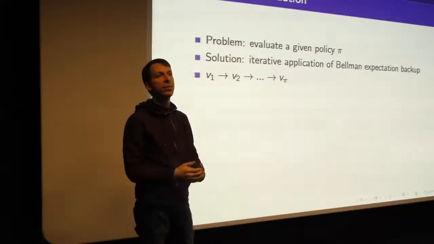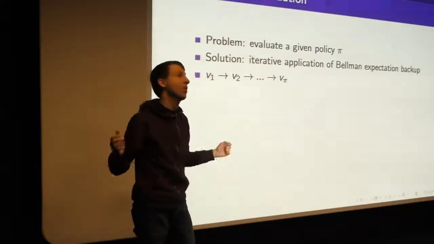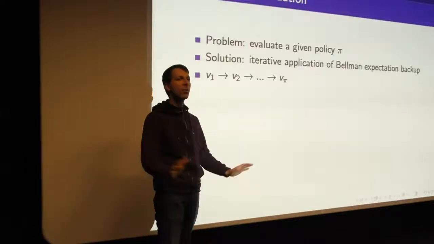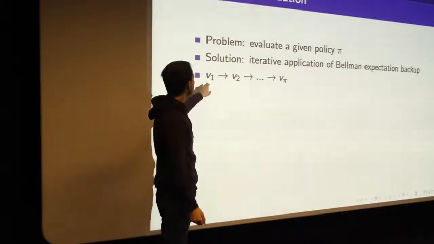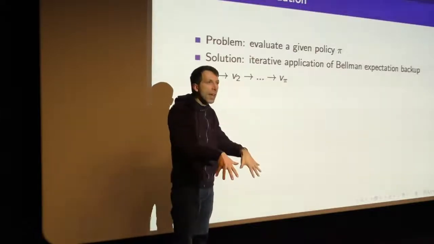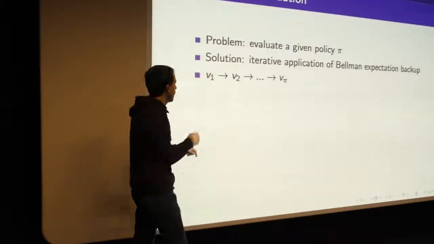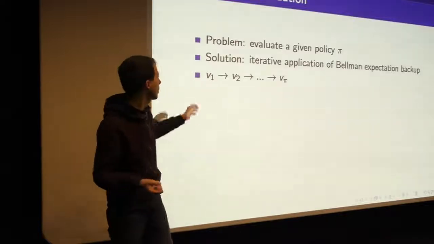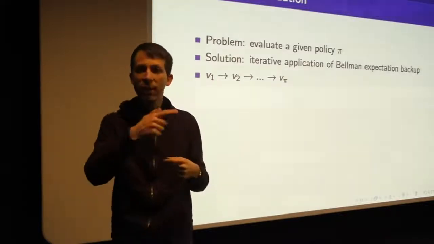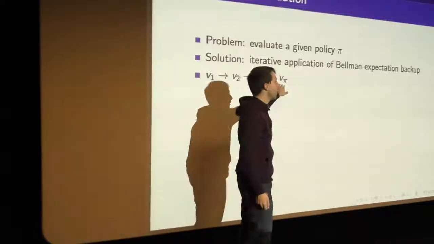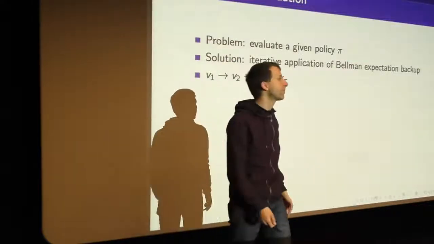And we're going to start off with some arbitrary initial value. So 0 would be the canonical case. We start off thinking I can't get any reward anywhere. And then we're going to plug in one step of our Bellman equation. We're going to do that one step look ahead using our Bellman equation, and figure out a new value function, which we're going to call v2. And we're going to iterate this process many times. And at the end of this, what we're going to see is that the thing which we end up with is actually the true value function.